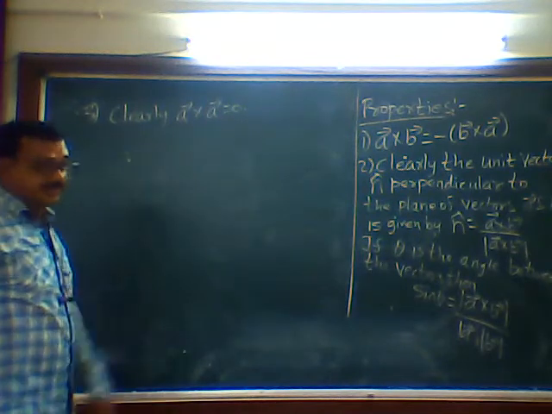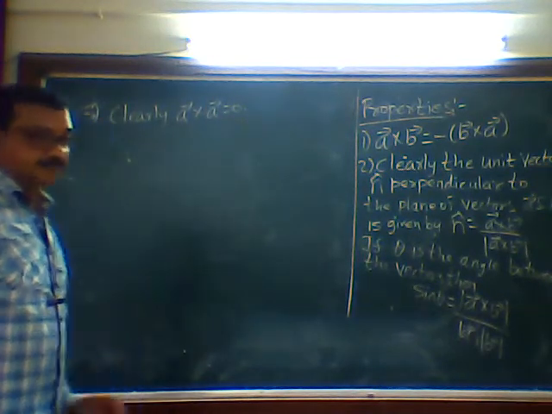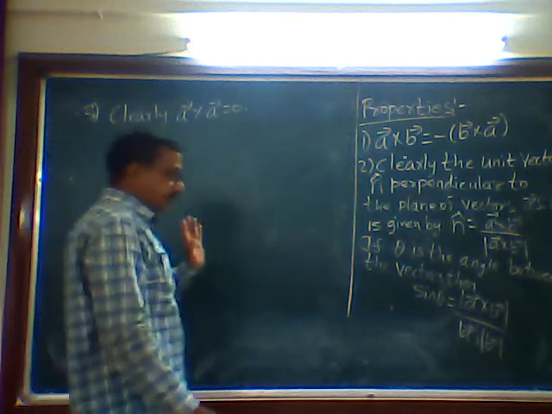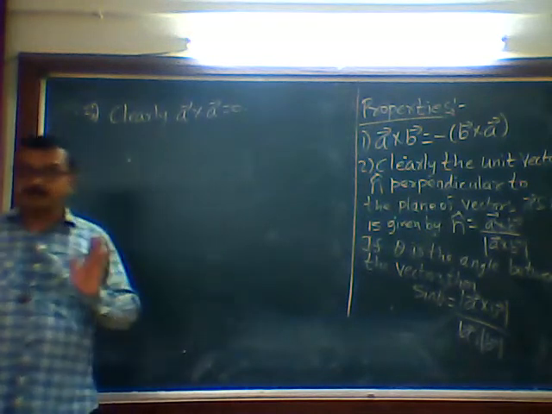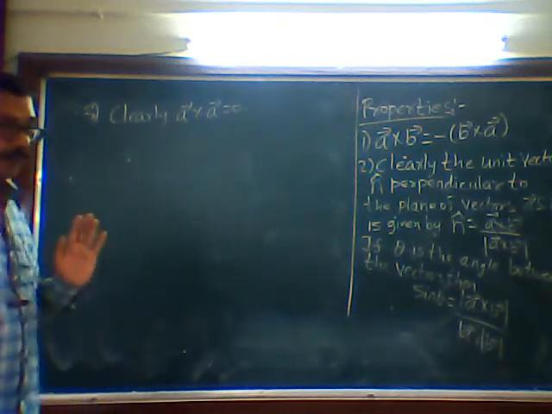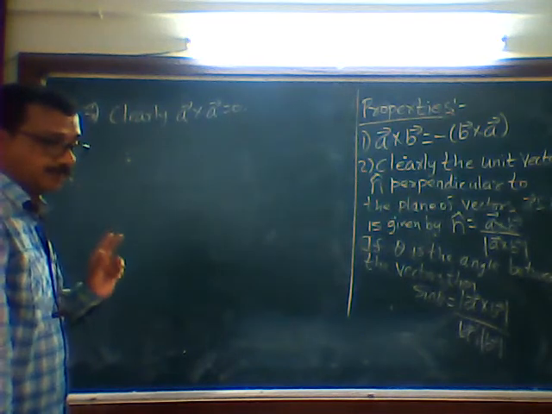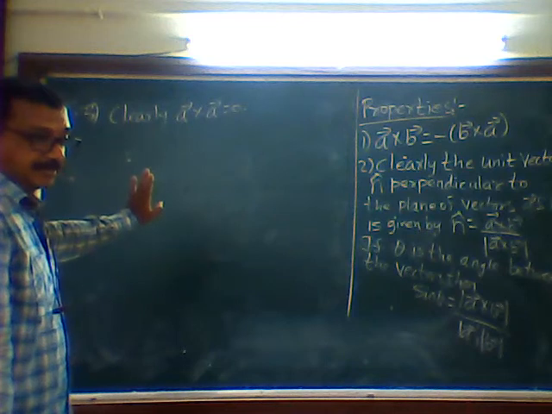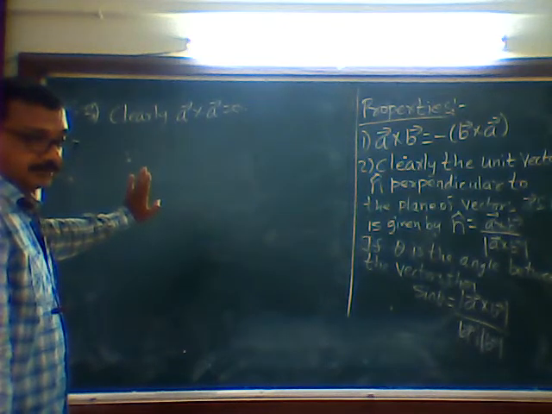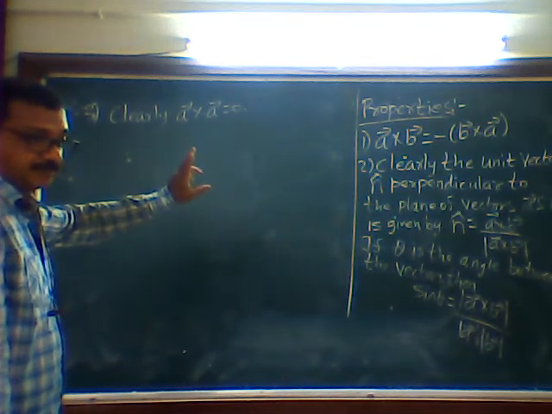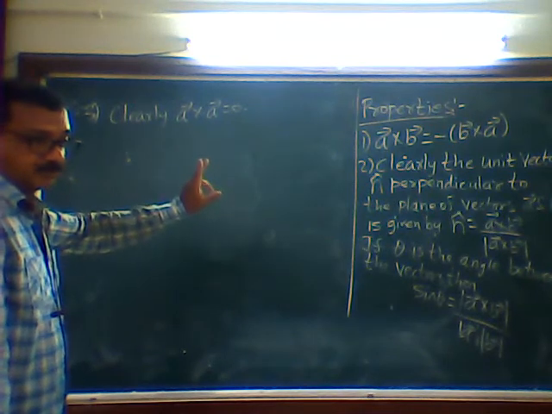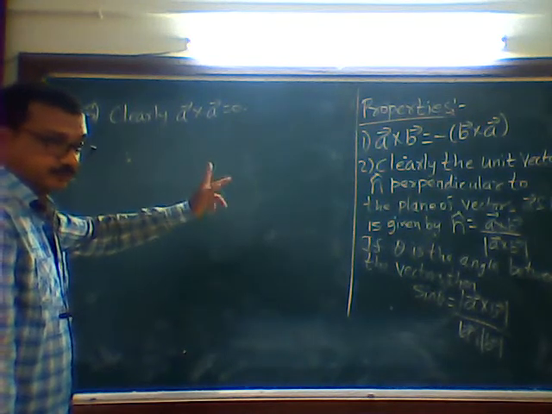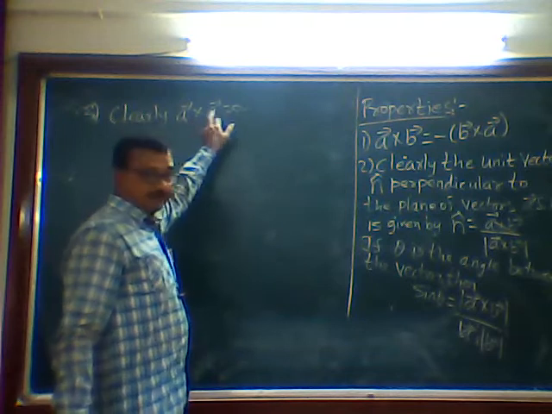Based on the formula, a bar cross b bar is equal to mod a bar mod b bar sin theta. Now both are the same, which means they are parallel. On the right-hand side, mod a bar is 1 and sin 0 is 0, that's why a bar cross a bar is equal to 0.